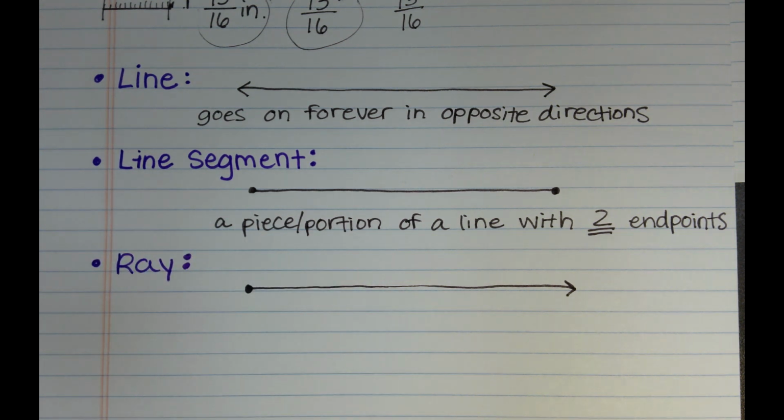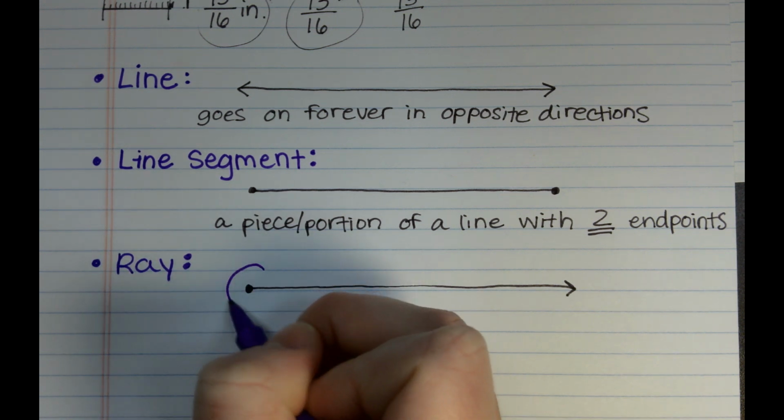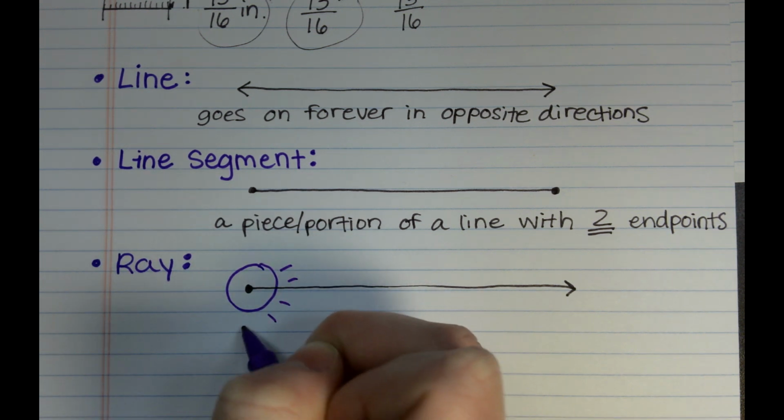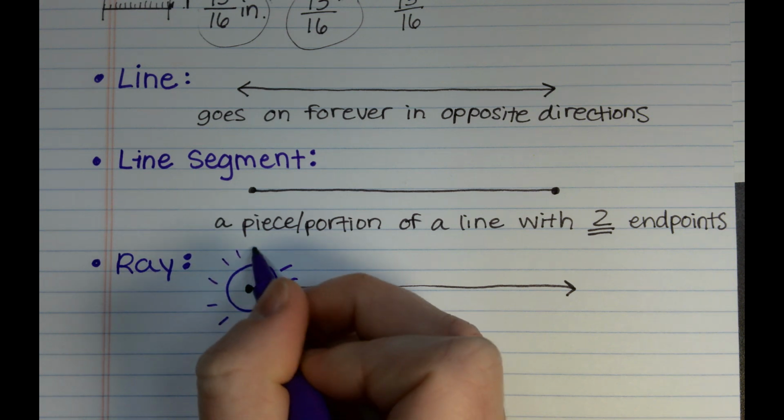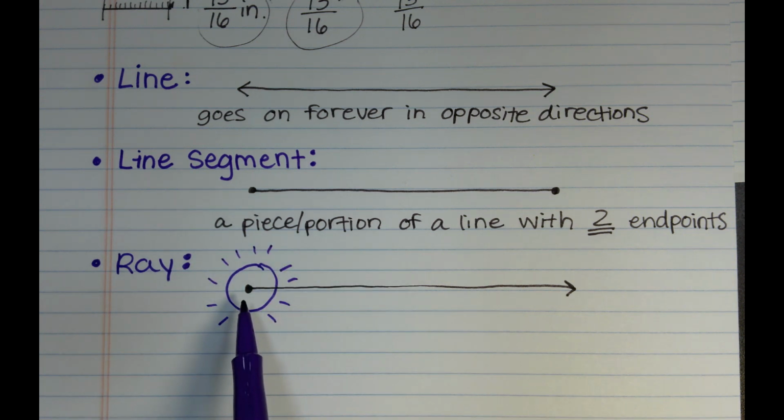Here's what helps me remember: I think of a ray of sun, because the sun's rays start at a point of origin and then shine on forever. I'm sure they technically do end at some point, but to us it feels infinite.